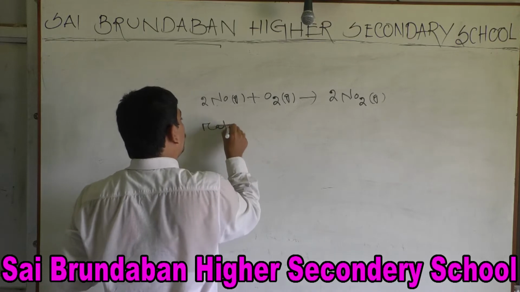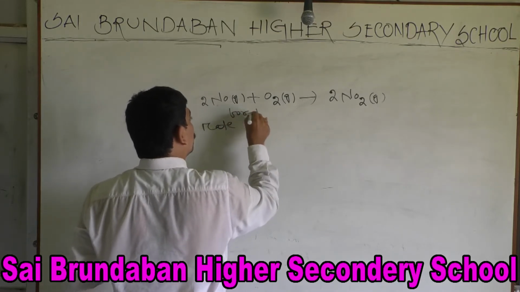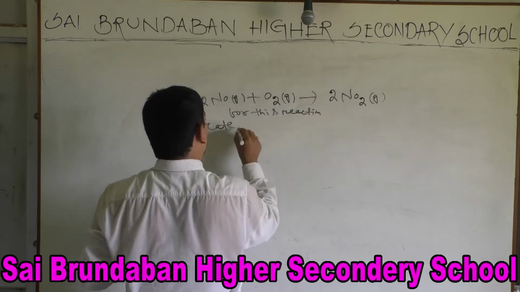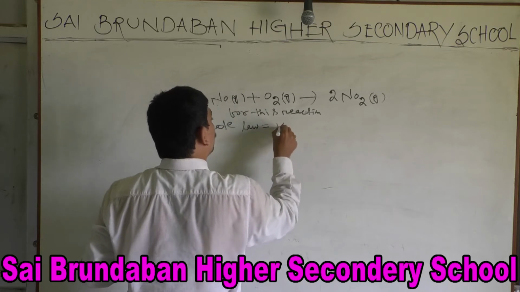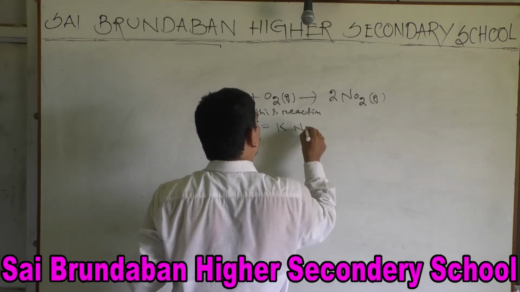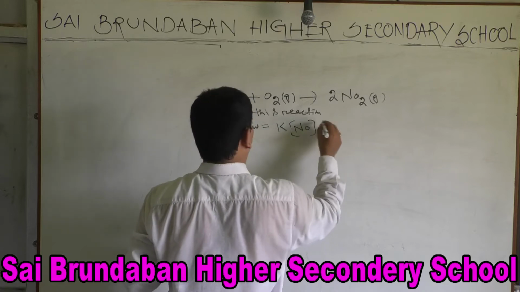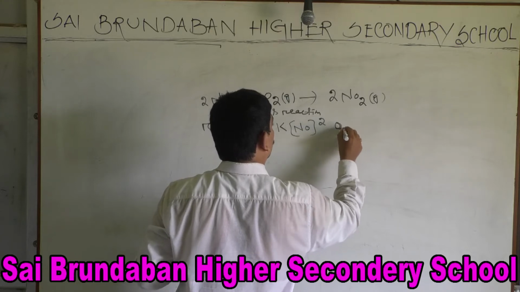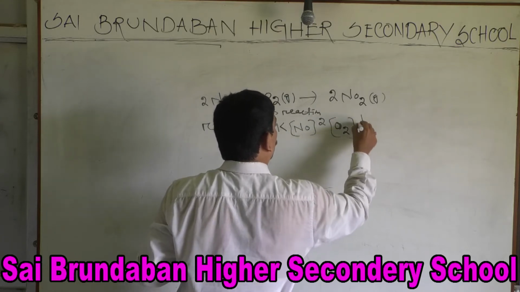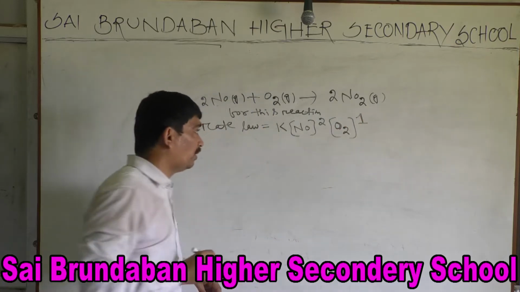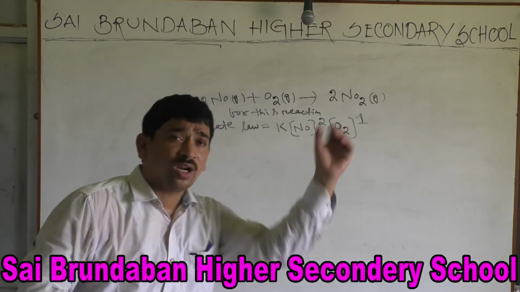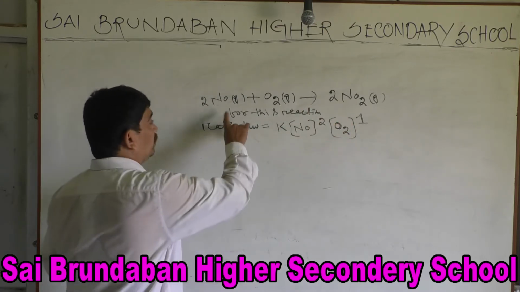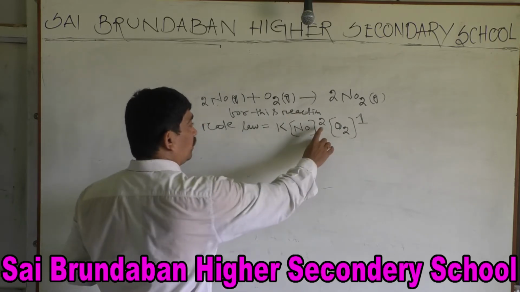For this reaction, rate law equal to K [NO] to the power 2 [O2] to the power 1. Look at it. For this reaction, NO to the power 2, O2 to the power 1. What is the order of reaction?